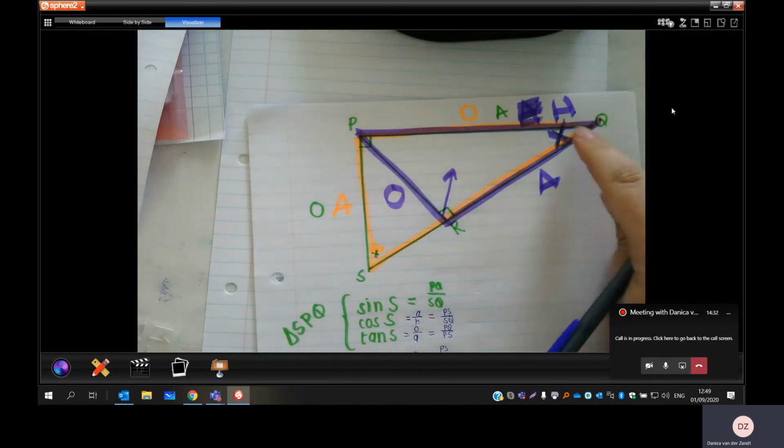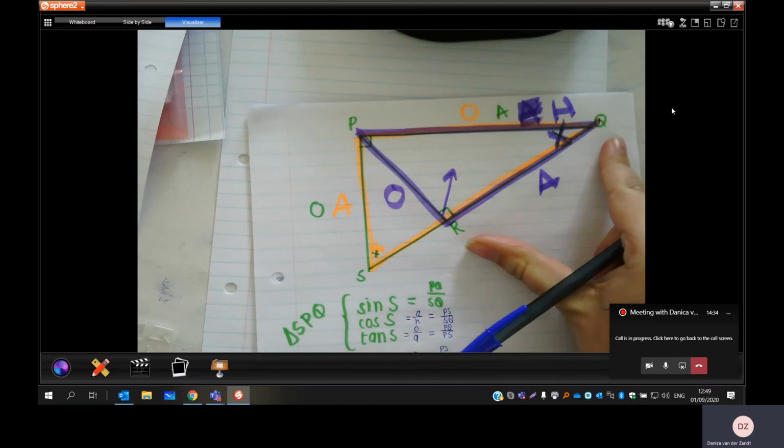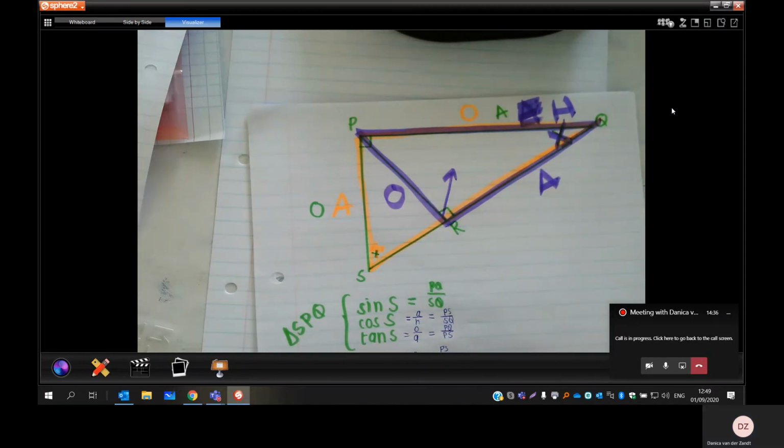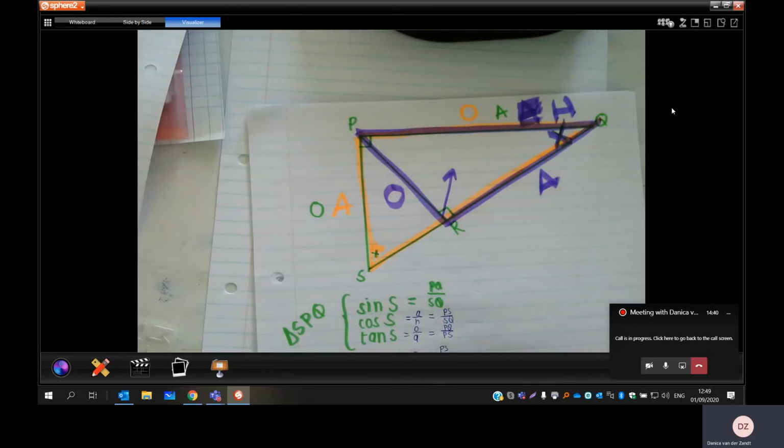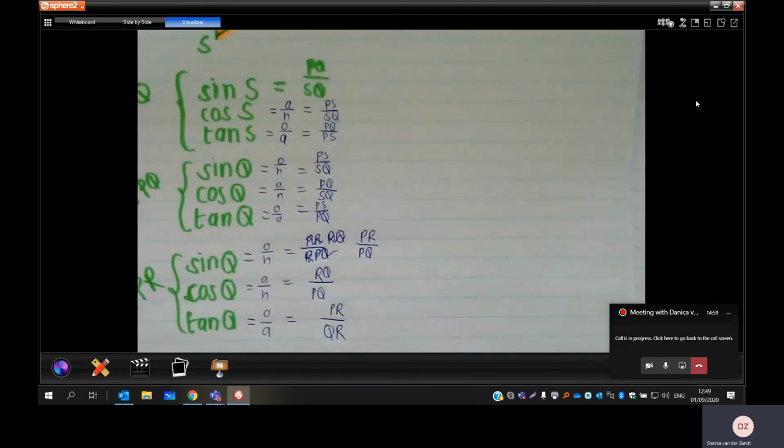Cos of that angle, adjacent RQ over hypotenuse PQ. And lastly, tan would be PR for opposite over adjacent, which is QR. So there is your final answer.